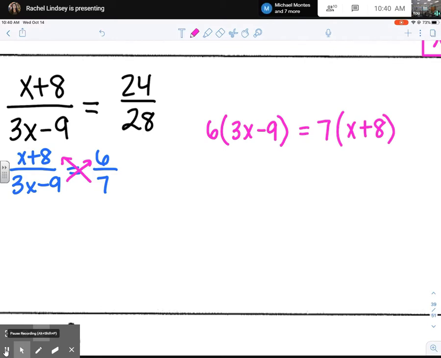So I have to distribute on both sides. So 6 times 3x, 18x. 6 times negative 9, negative 54. 7 times x is 7x. And 7 times 8 is 56.